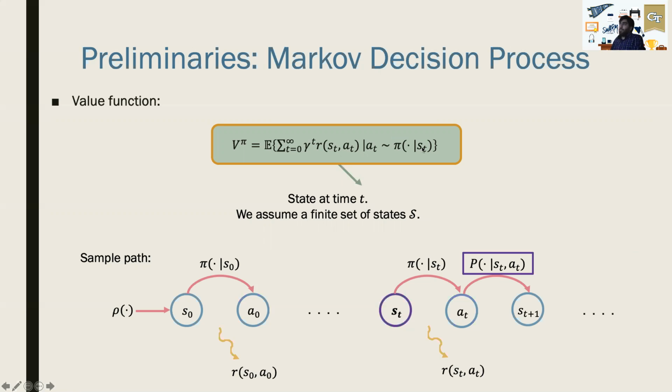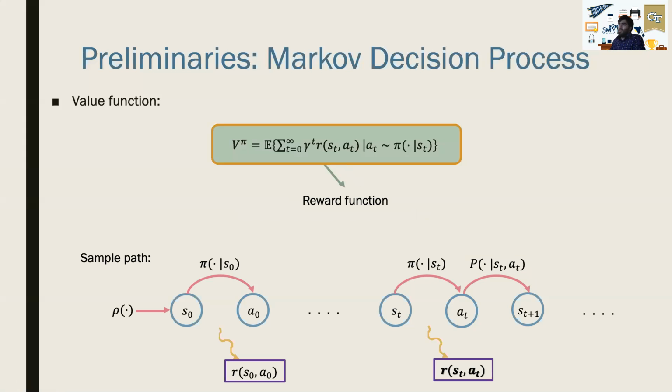The next state at each time step is sampled by the transition probability P. So if you are at a state s_t and you take action a_t, with this distribution you transfer to the next state.